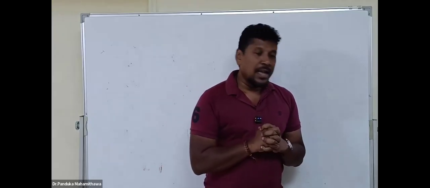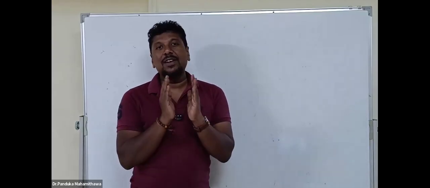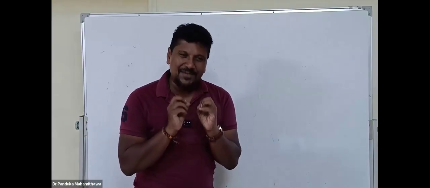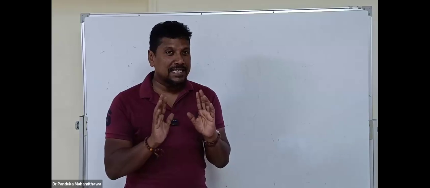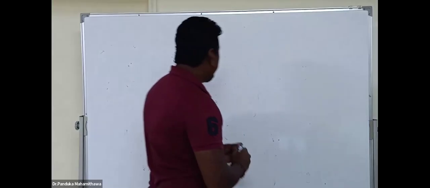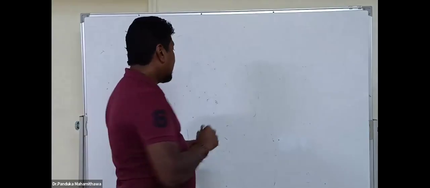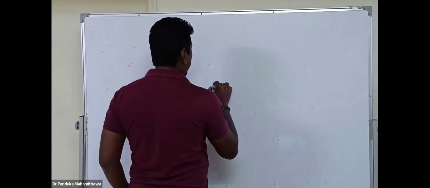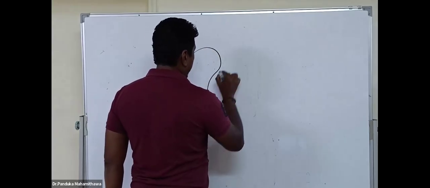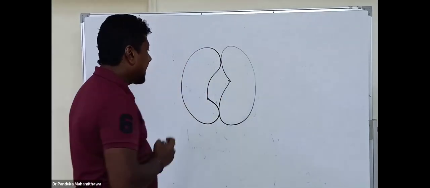Now, what is the mechanism of this opening and closing of the stomata? Very important, very easy, very simple. Listen carefully and understand it right now. Now look at this one. So I am drawing the guard cells again. These are the guard cells.